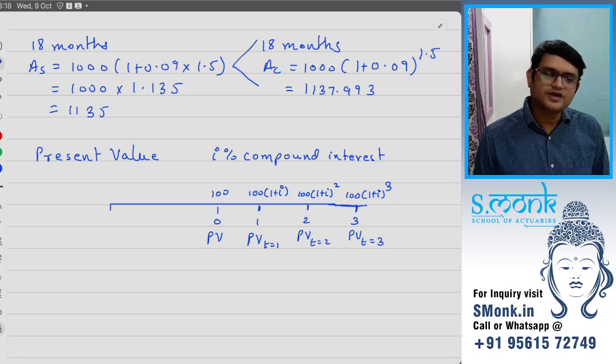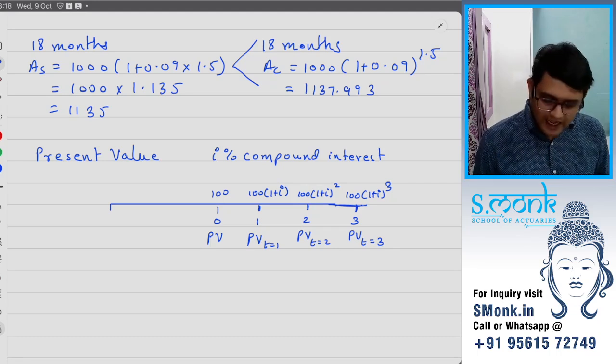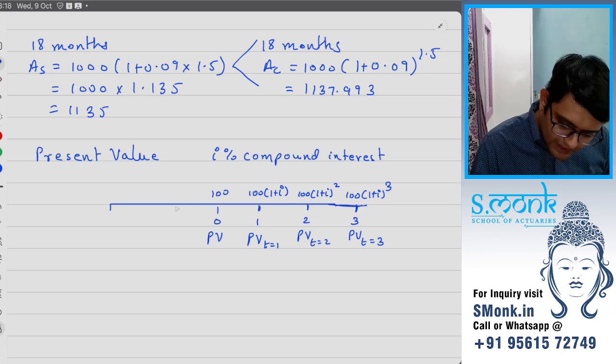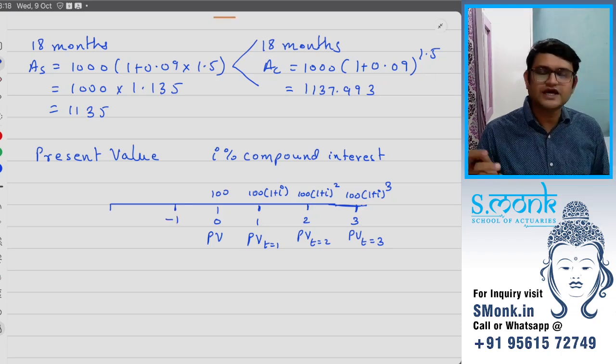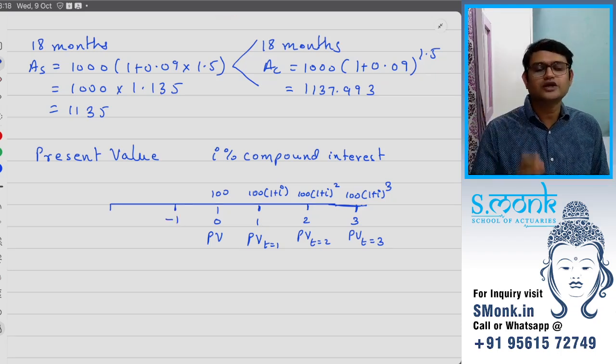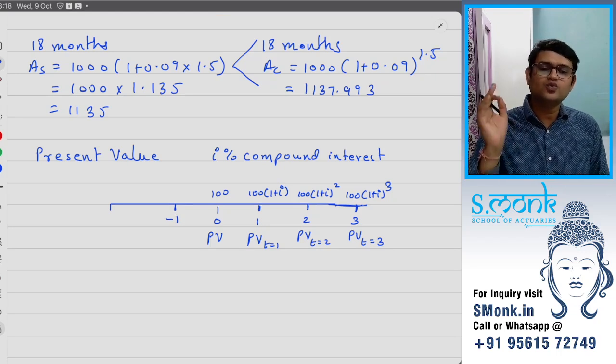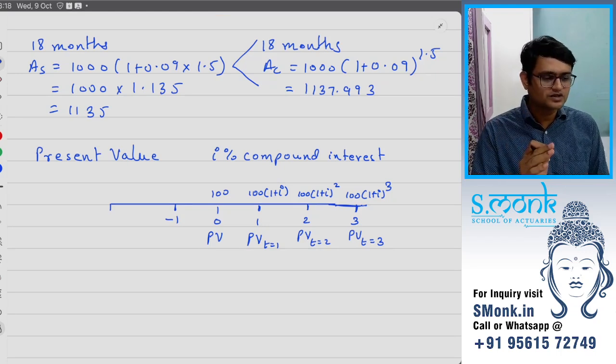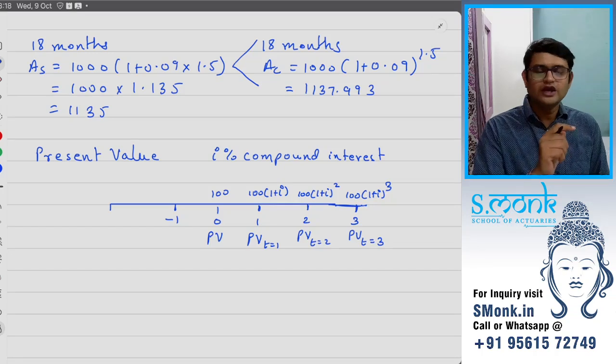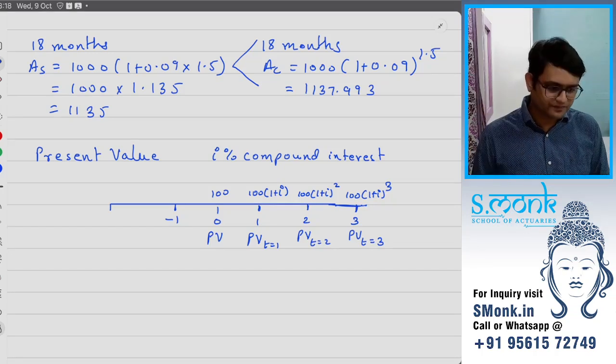Now can you tell me, can I calculate the value at time -1 for the salary that you got today? Can you tell me how much value it was at -1? That means 1 year ago, if you got the salary today. Or will it be 100 times (1 minus I)?